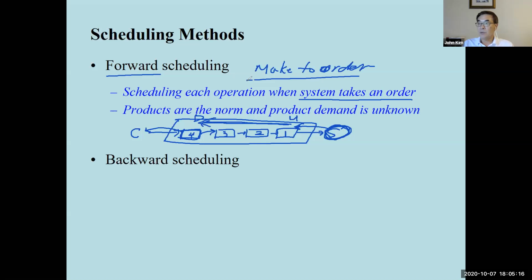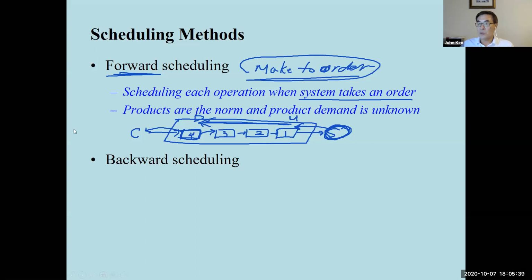So a make-to-order system uses forward scheduling. The product is known but product demand is unknown, because this system starts work after the customer order is received.